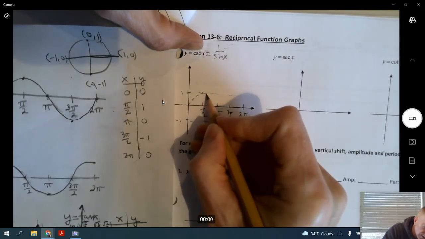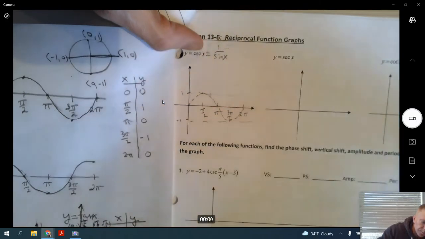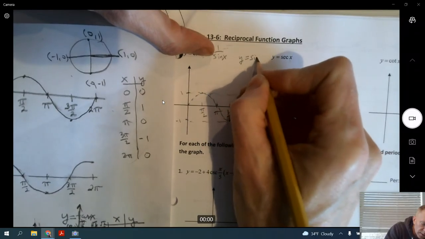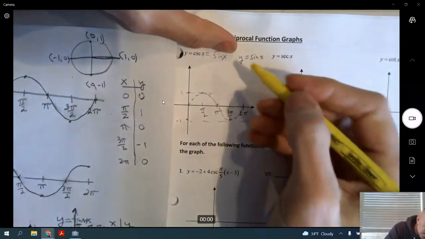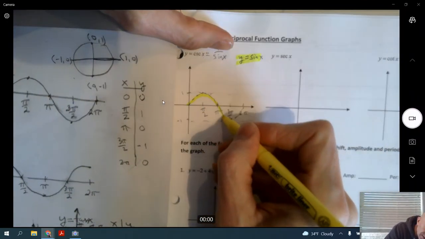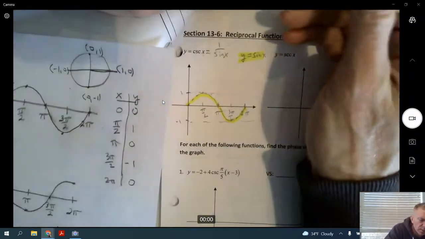I'm going to just draw this dotted. You can do it with different color pens if you want. First graph y equals sine of x. I color coded this so you can see that this was the sine function. That's not the function we want to graph, but it's going to help us graph the cosecant function.